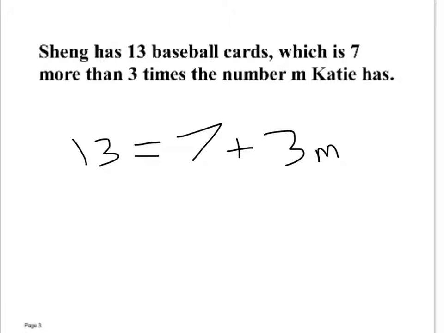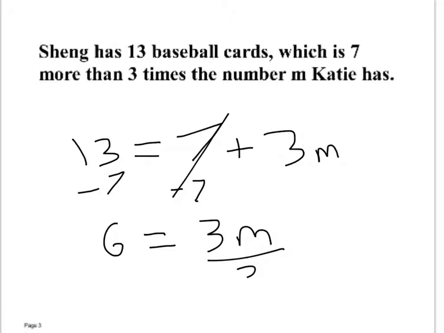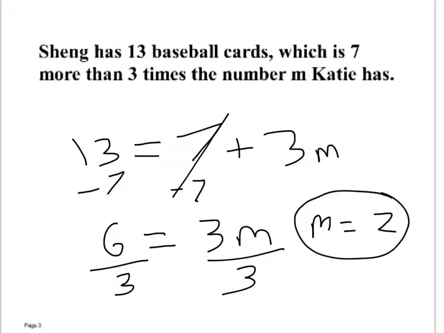We need to find out how many Katie has. First thing I do is subtract 7. That gives me 6 equals 3m. I divide by 3. That tells me m, the number of cards Katie has, is 2. Is that 7 more than 3 times the number Katie has? 3 times 2 is 6. 6 plus 7 is 13. So Katie has to have 2 baseball cards.